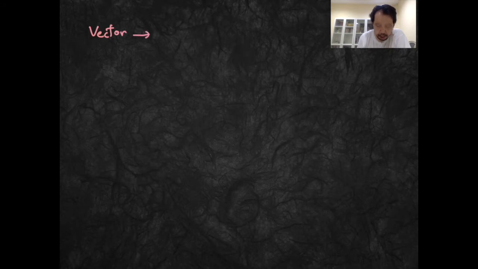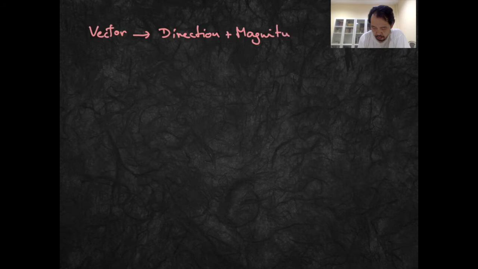Vector is a quantity that you have to specify both direction and magnitude. Okay, direction and the magnitude of the vector.